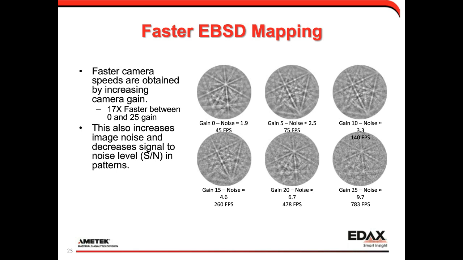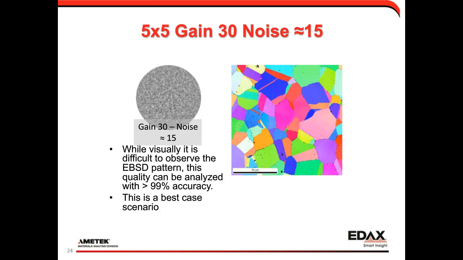But in this case, these lines here, I can't see them as a human. So the human's not doing the work. The computer is, and the computer can get consistent data off of what we see as noisy patterns. While it's difficult for us to visually observe these EBSD patterns, the data was about 99% accurate. This right here is what we're looking for.